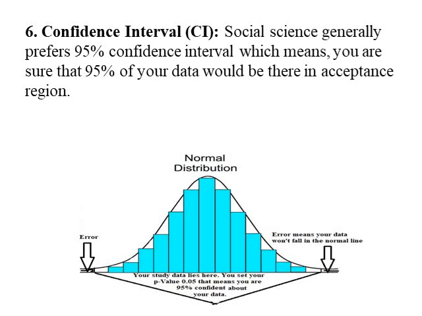You can see the green boxes that appeared in a bell-shaped curve, and this bell-shaped curve is known as normal distribution. I also mentioned below, your study data lies here. You set your p-value 0.05. That means you are 95% confident about your data. I will tell you about 0.05 significance in later slides.